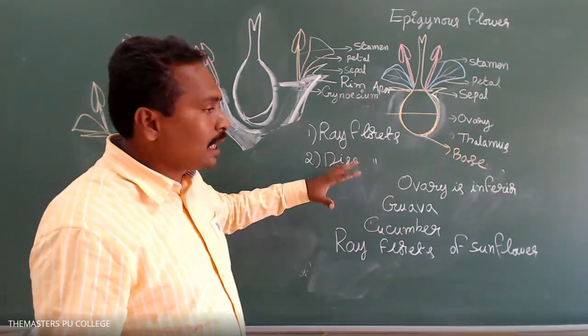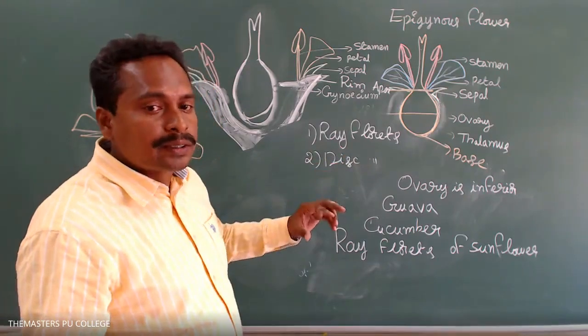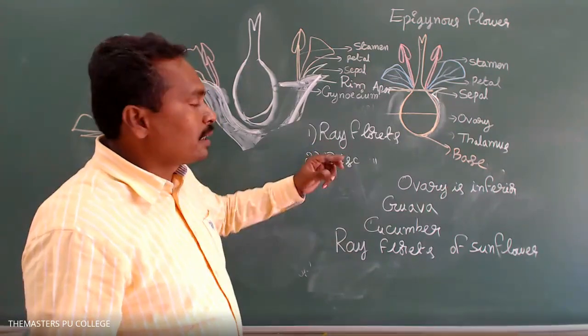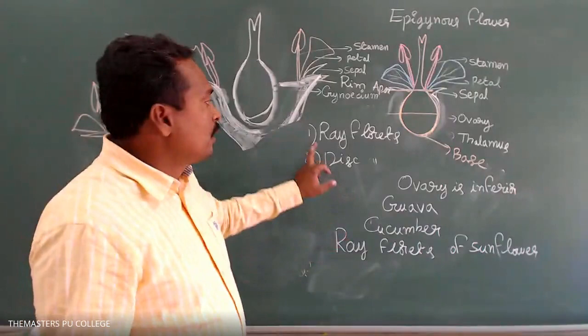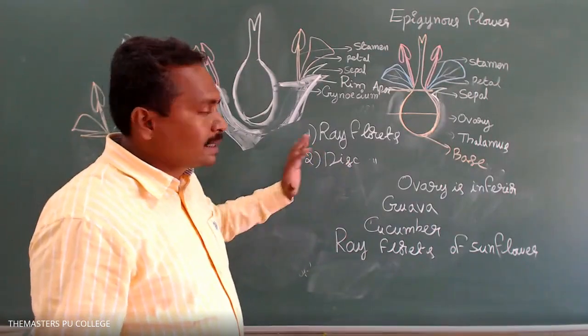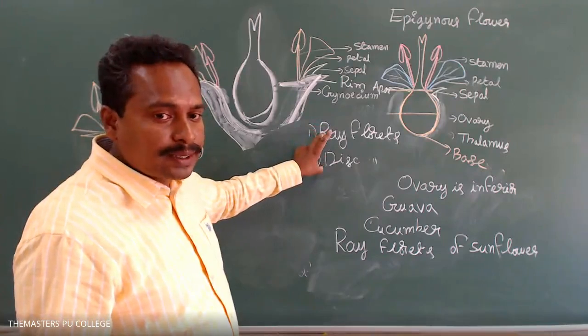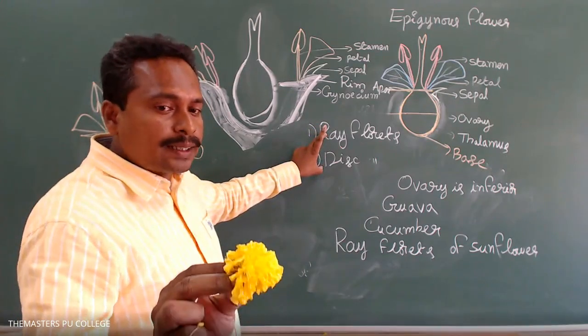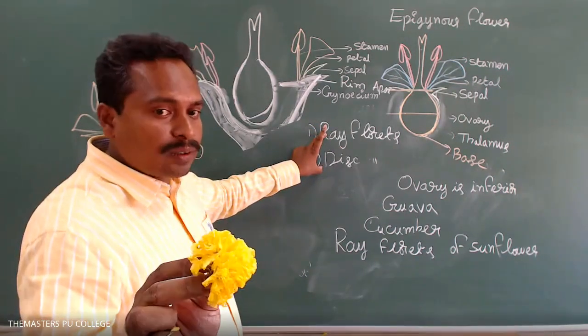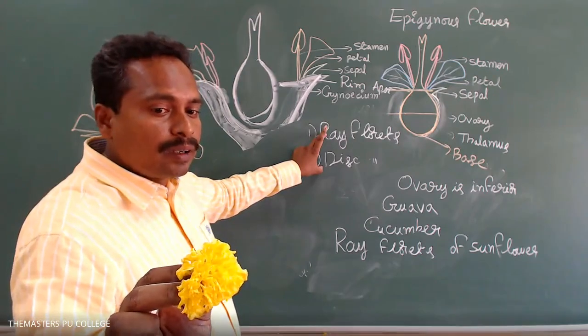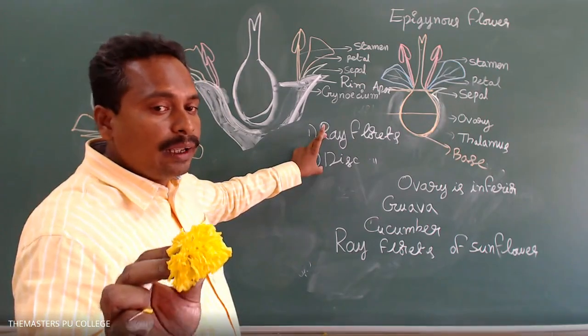So the flower size is highly reduced. The ray florets appear like a tongue. Ray florets and disc florets, two types of florets are there in a sunflower inflorescence, whereas in this inflorescence only one type of floret is present, only ray florets.